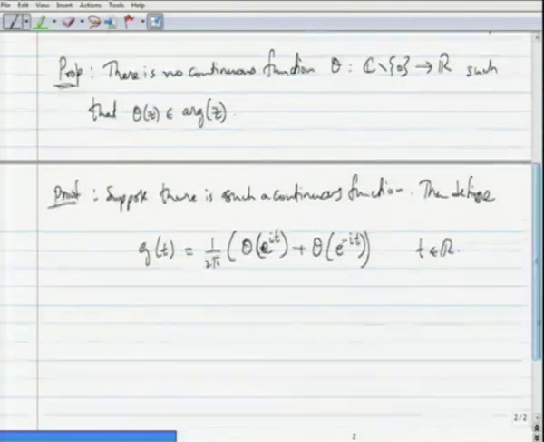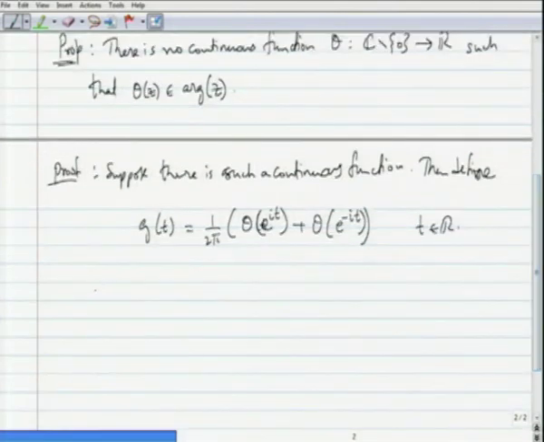Then g is continuous firstly: it is the addition of two continuous functions divided by 2 pi.